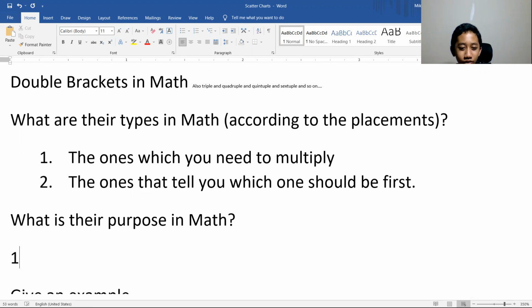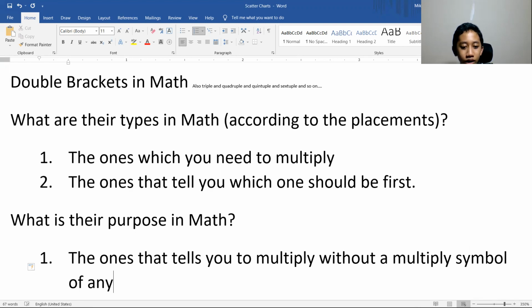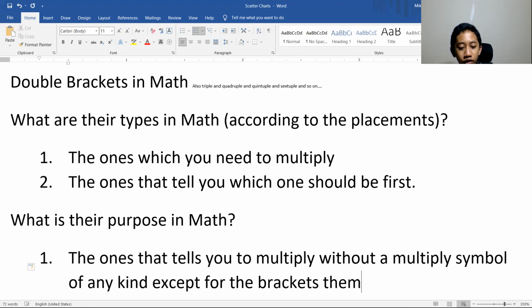What is the purpose in math? Well, there are two things. The first one, the ones that tell you to multiply without a multiply symbol of any kind, except for the brackets themselves.